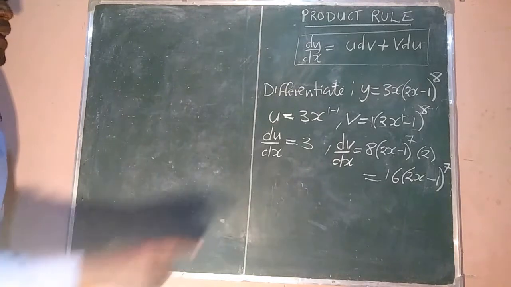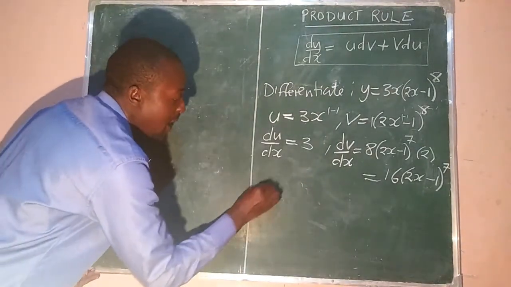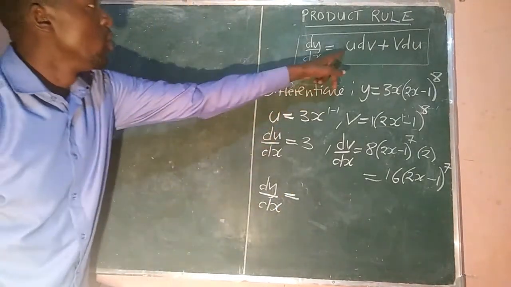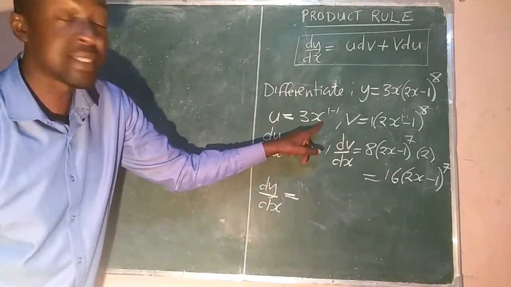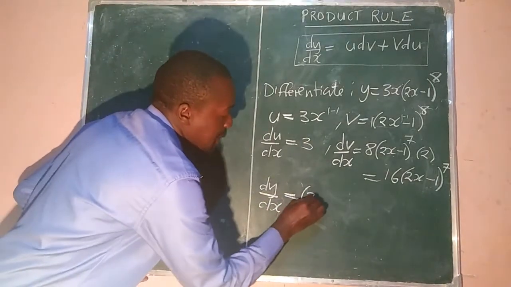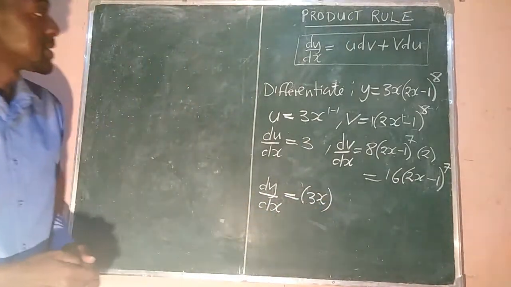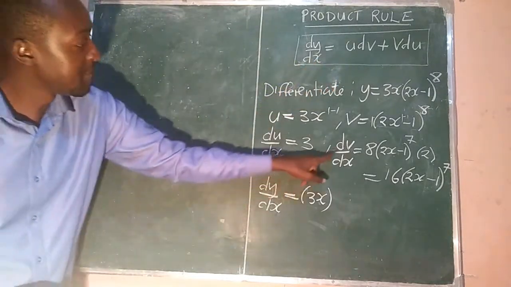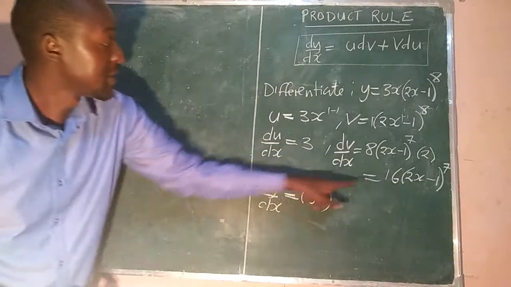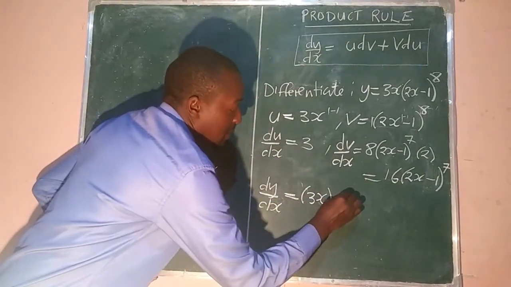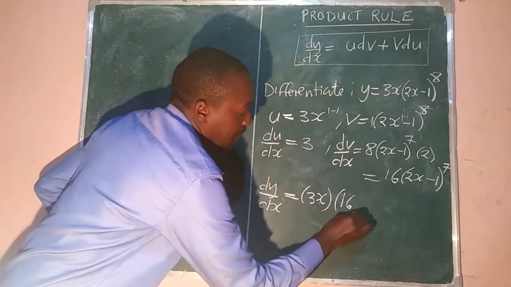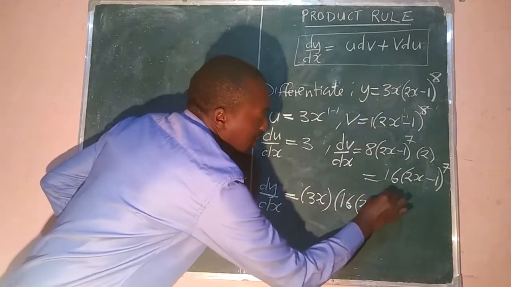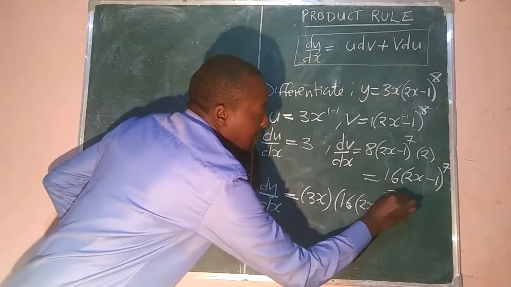So dy/dx is equal to u, which is 3x, times dv, which is 16 times (2x minus 1) to the power 7.